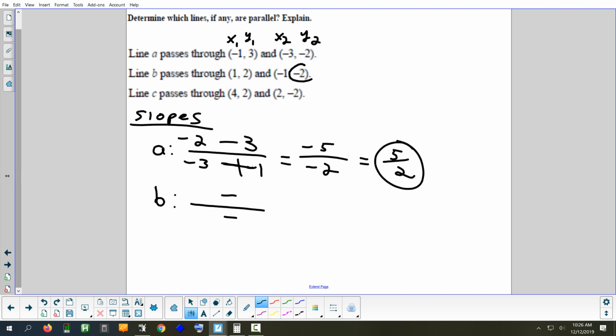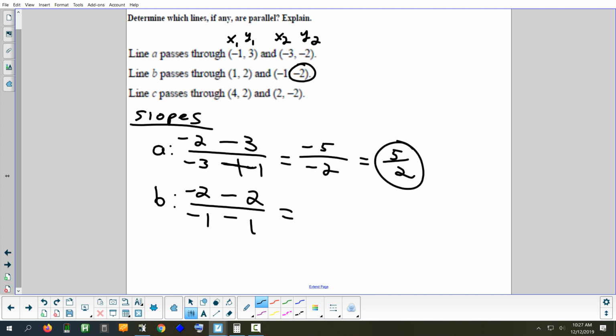Let's check. -2, right? Yep, -2. Upper right? 2. Lower left? -1. Lower right? 1.